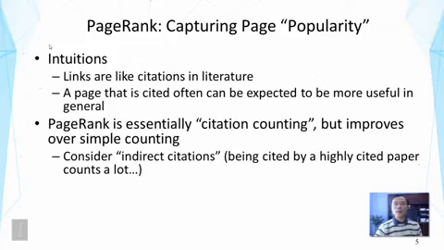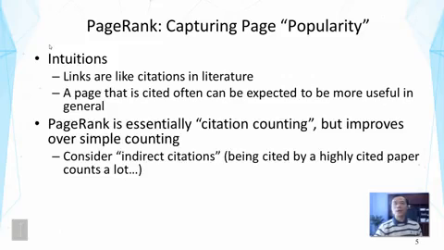You also look at what are those pages that are pointing to you. If those pages themselves have a lot of in-links, well, that means a lot. In some sense, you'll get some credit from that. But if those pages that are pointing to you are not being pointed to by other pages, they themselves don't have many in-links, then, well, you don't get that much credit. So that's the idea of getting indirect citation.